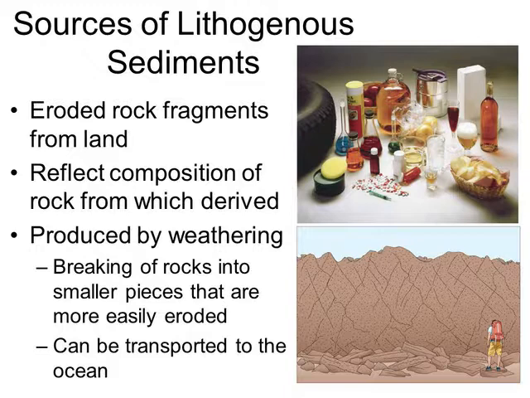Next, how lithogenic sediment ends up in the ocean is essentially shown in that bottom right-hand image there. You can see that wall of rock, and as time passes, wind and rain will create fissures within the rock, and over time those fissures will continue to get larger and larger until parts of that rock break off.